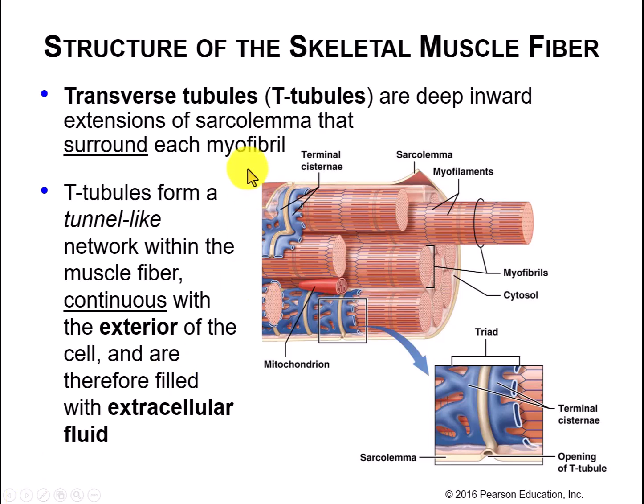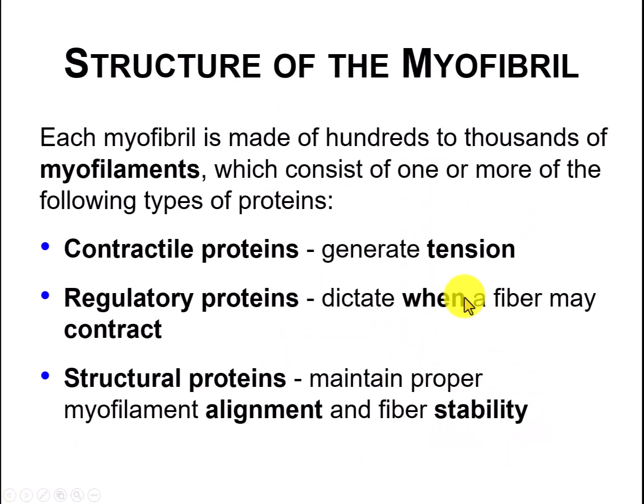As I pointed out earlier, we have the transverse tubules, which are invaginations of the sarcolemma that delve down into the muscle cell. They're there for the action potential to be able to get down into the muscle fiber. And so they are continuous with the sarcolemma on the outside of the cell. And on either side, we have those terminal cisternae that make up the triad.